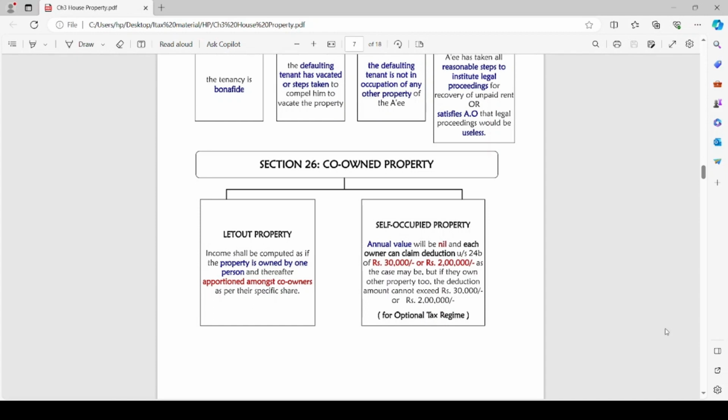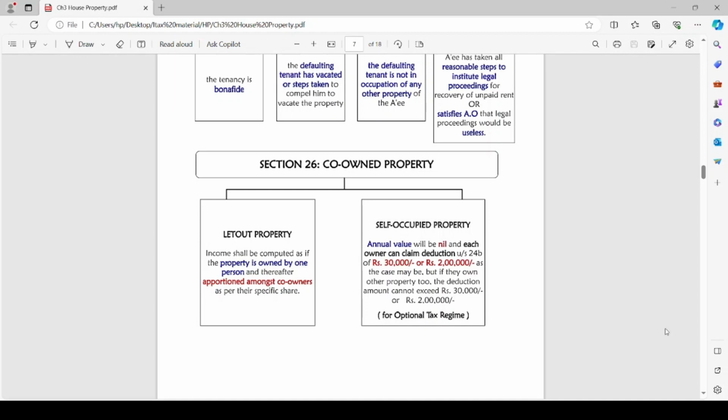If the assessee has taken a loan on the house property, if it is for RRR, he can claim 30,000. If it is for A or C, acquisition or construction, he can claim a maximum of 2 lakh, as the case may be. But if they own other property too, the deduction amount cannot exceed 30,000 or 2 lakh for optional tax regime.